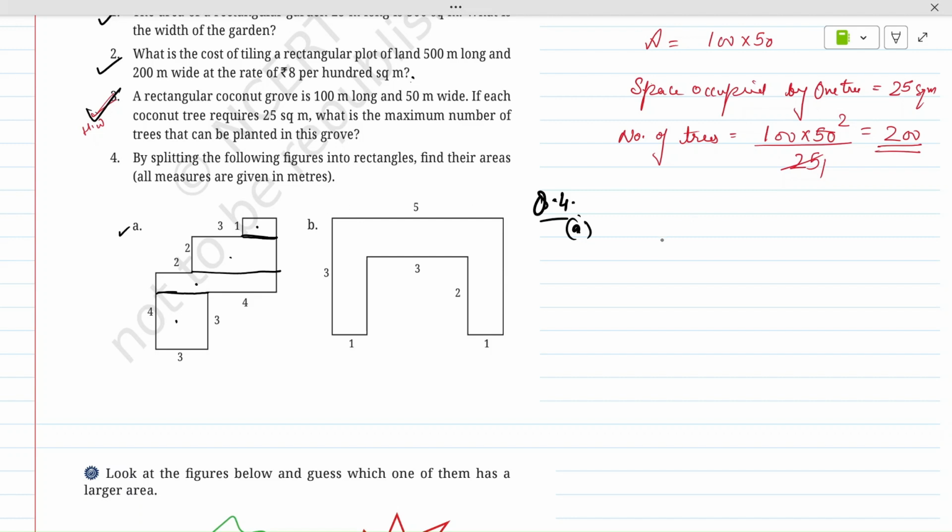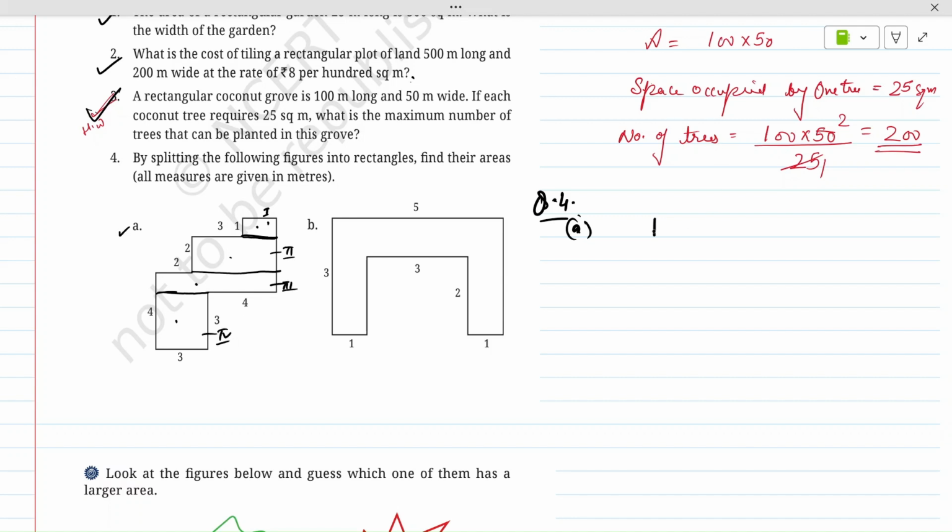For the first one, the area will be L into B. Breadth is given to us as 1 and length, this total is given as 3 and this is nearly 2, so this will be 1 only. Now I'm marking this as figure first, figure second, figure third and figure fourth.